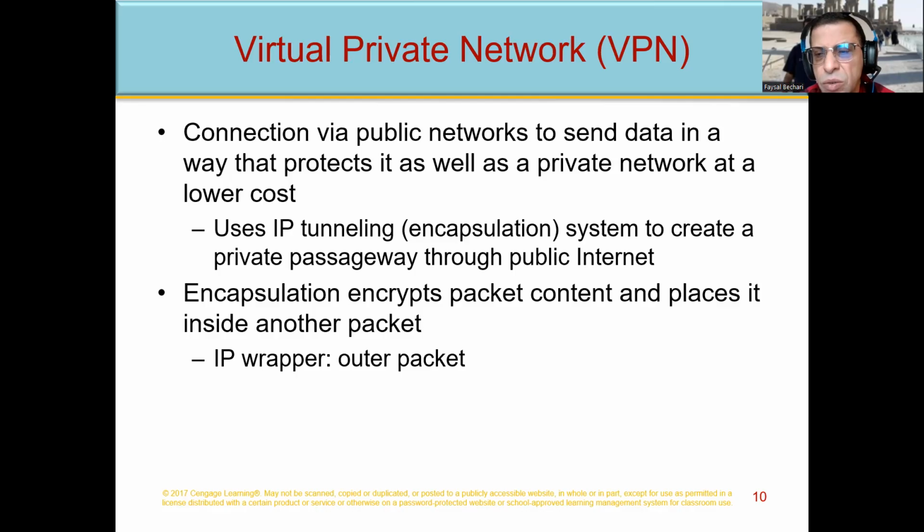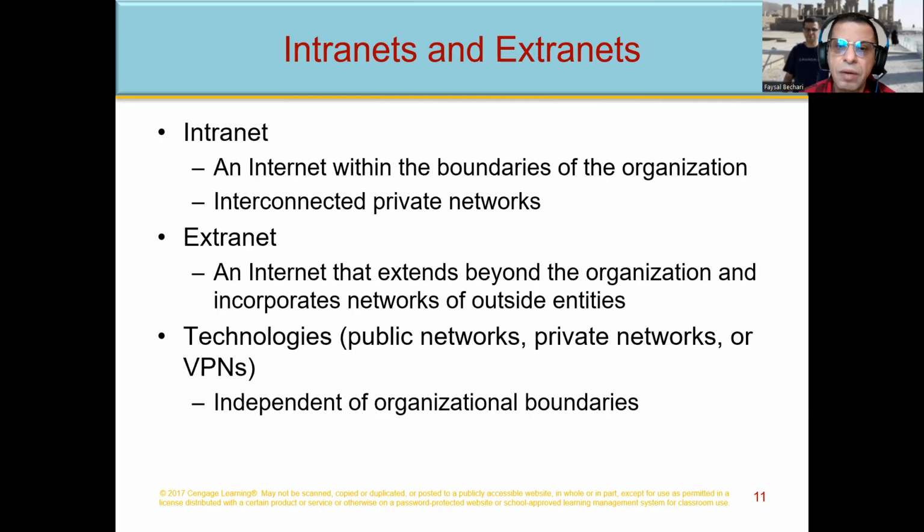You encrypt the packets' content and place it inside another packet. It works like a wrapper, an IP wrapper, around the outer packets. We'll explain that. Then you have the intranet and the extranet, besides the internet.